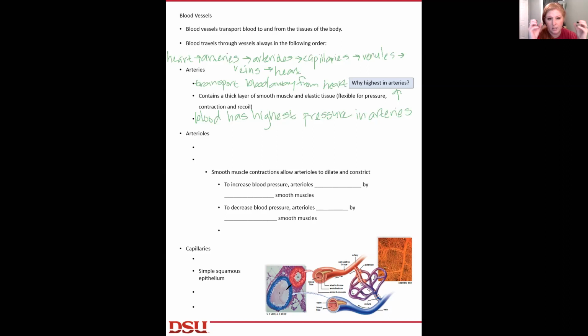It's pumping, and so there's force behind the movement of the blood. And so you have force plus the volume of the blood itself, and that's going to have a lot of pressure moving through the arteries at that point, okay? And then we'll kind of watch how the pressure decreases as we move through the circulatory system.